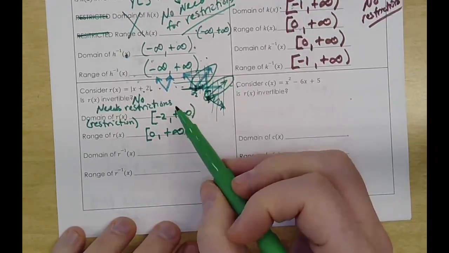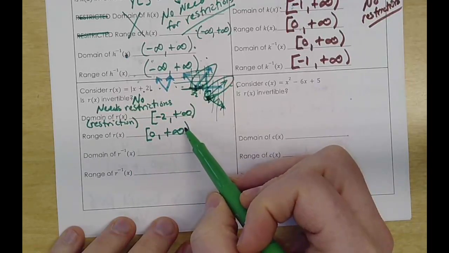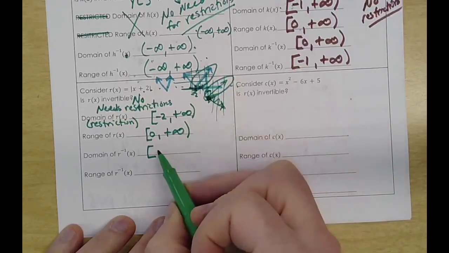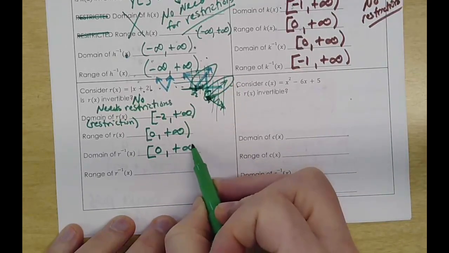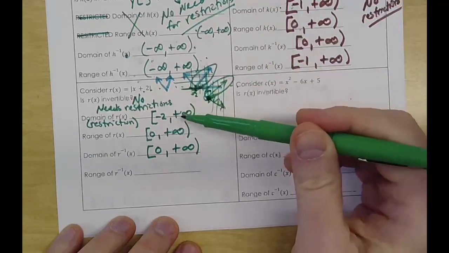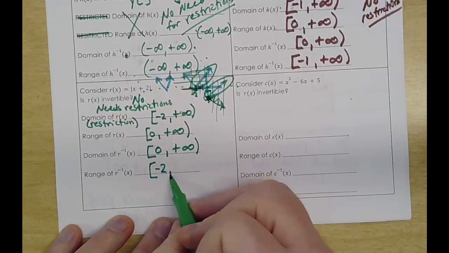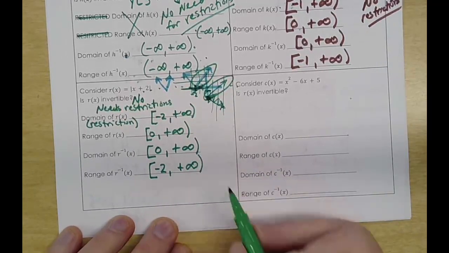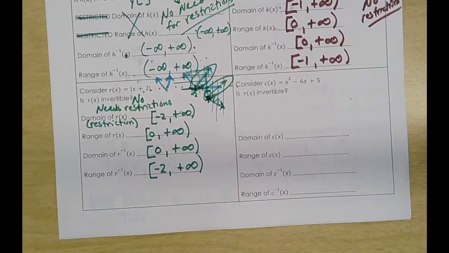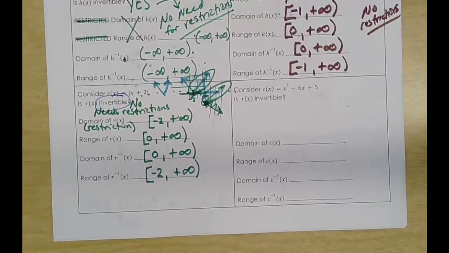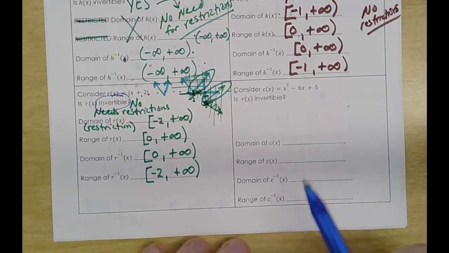What's the domain? Well, remember the domain of the inverse would be the range from the first one. So it would start at 0 and go up. And the domain from this one becomes the range for this one, the lowest number, -2, and it would go up from there. So it's just learning how to do some restrictions on this stuff in case they ask you to make it invertible. This is the key word. If they ask for it to be invertible, then hey, I got to put a restriction on it.